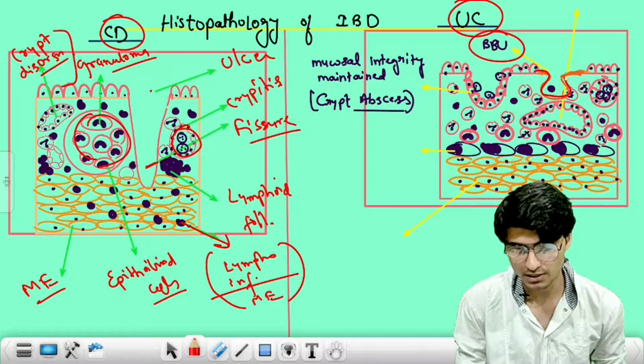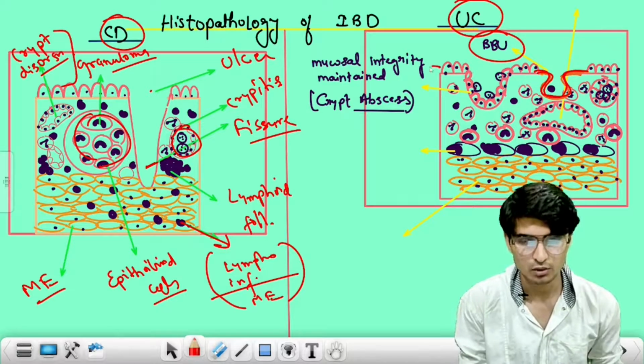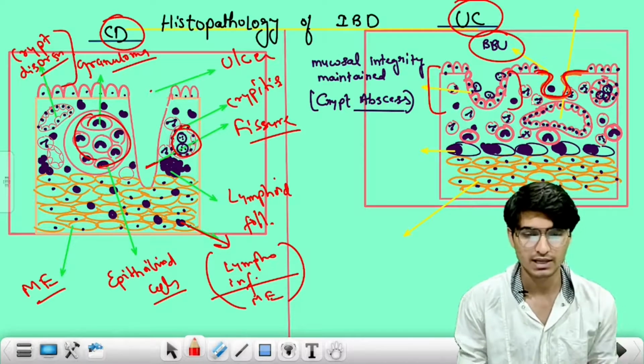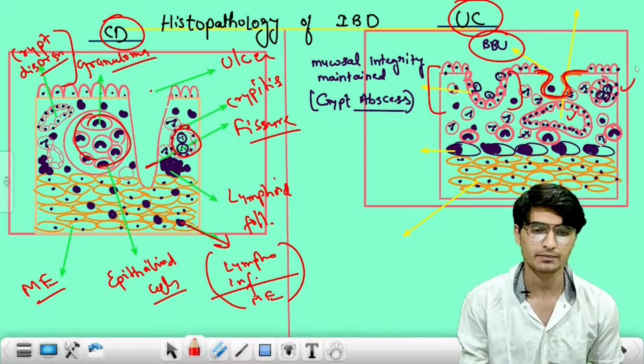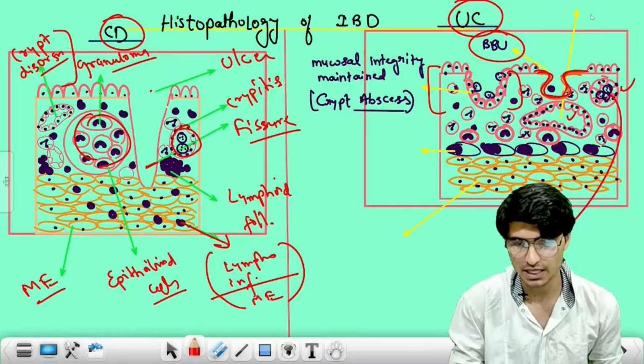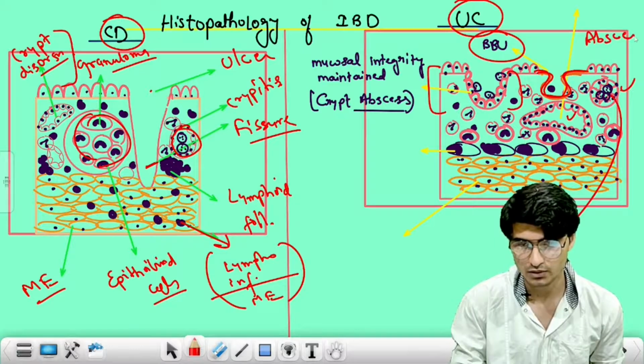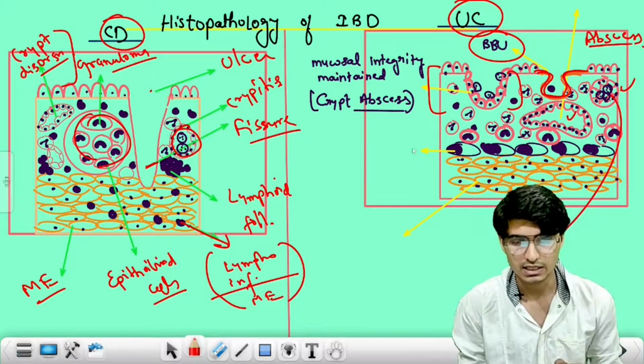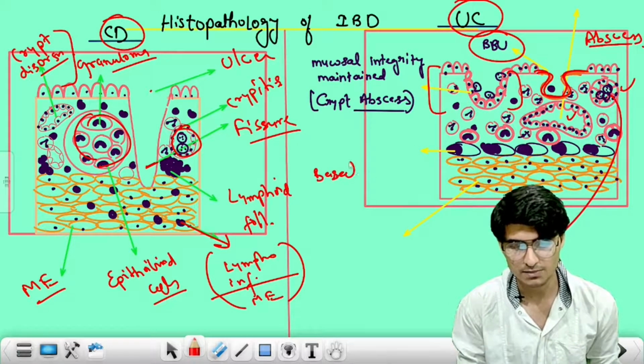This is the broad base ulcers, and this is our normal crypt here, right? Normal crypt is there, and this is also crypt here, okay, and this is crypt abscess. There is crypt abscess, right? And then there is basal plasmacytosis.